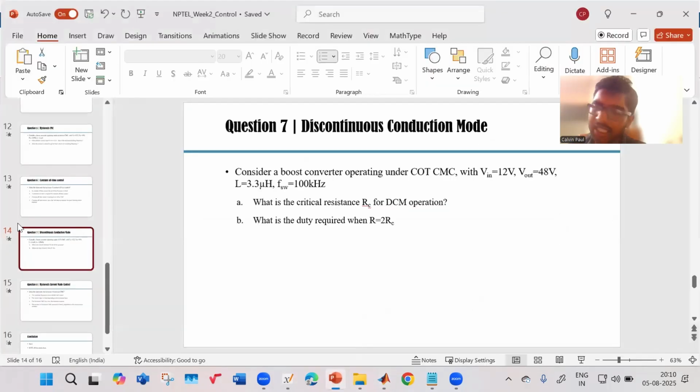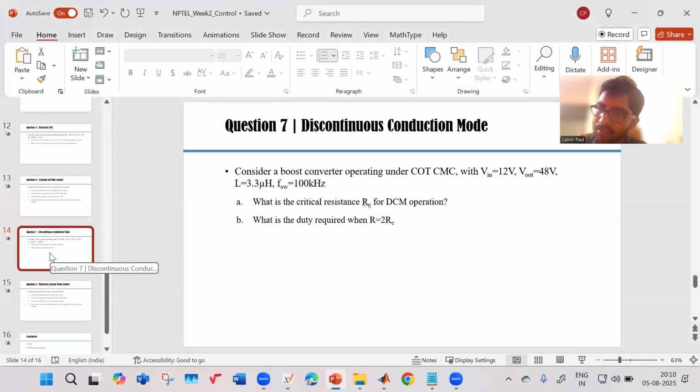Okay, then any other things? Because the topic is quite advanced, right? And I'm solving certain sums. What do you feel? Should I solve more sums, or should I show more MATLAB simulations, or should I spend more time explaining theory? What do you suggest? More problems, okay?